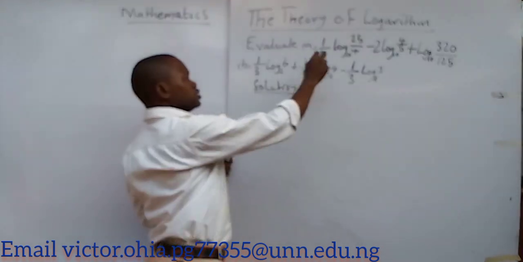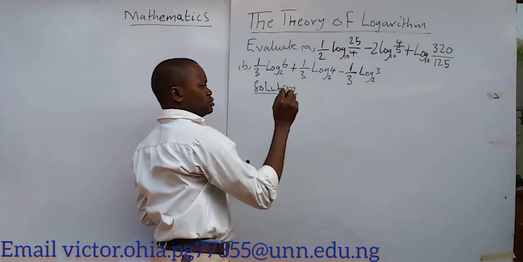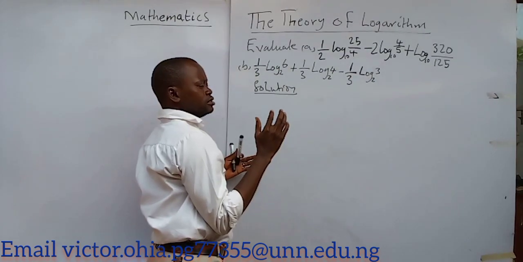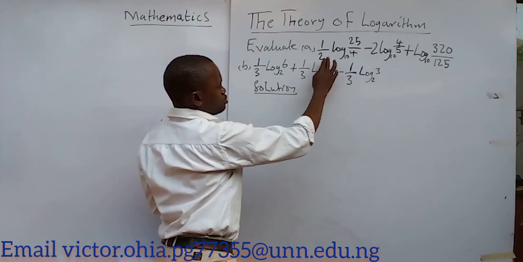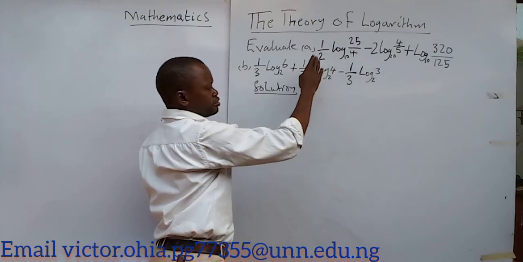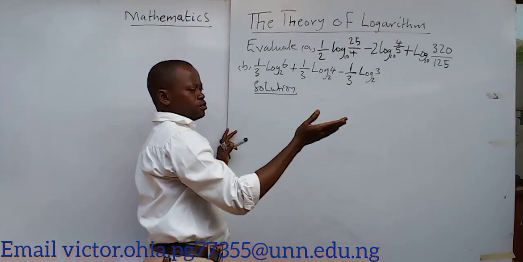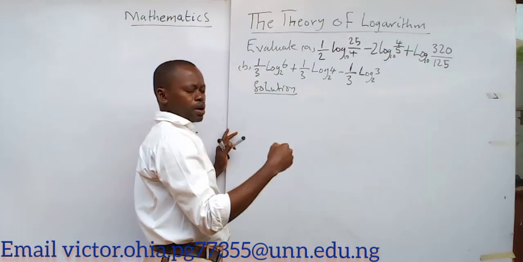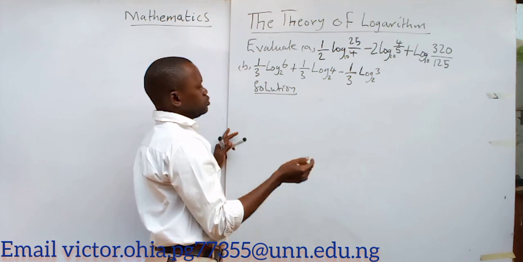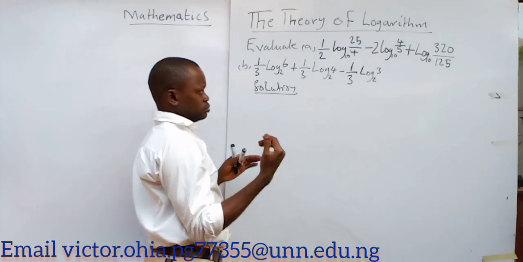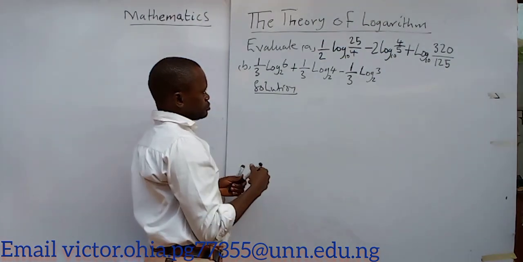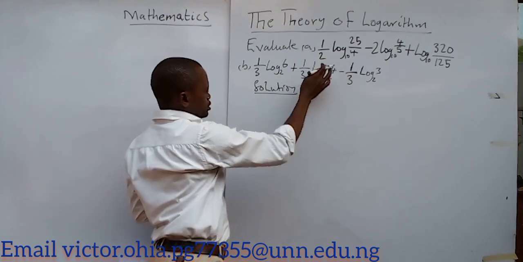But permit me to rewrite this. You remember when we were handling the laws of logarithm, we mentioned that when you have the logarithm of a number raised to a given power, it is equal to the product of the power and the logarithm of the number. We discussed it in our introductory class. I'm going to apply that here now.